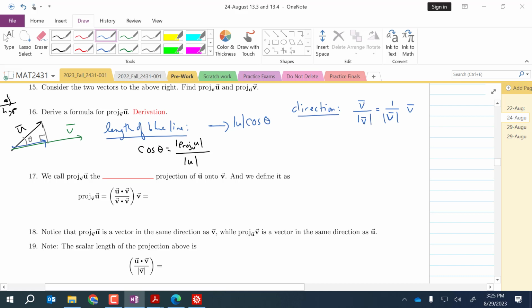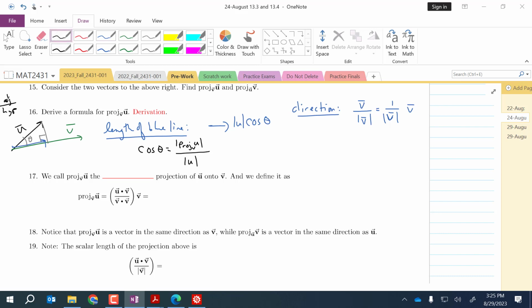How are we doing, folks? Okay, and so at long last, we've got this line pointing in this direction. We're going to go out that far, pointing in that direction.